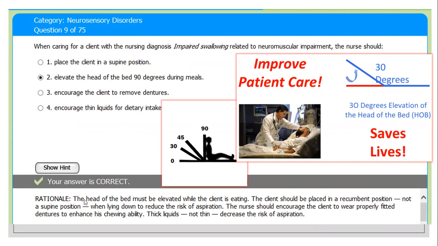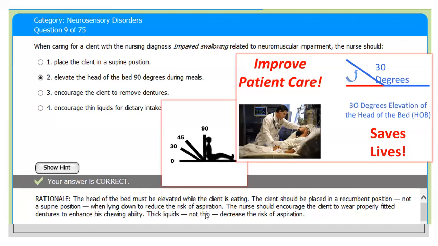So the rationale said the head of the bed must be elevated while the client is eating. The client should be placed in a recumbent position and not a supine position when lying down to reduce the risk of aspiration. The nurse should encourage the client to wear a properly fitted denture to enhance his chewing abilities.